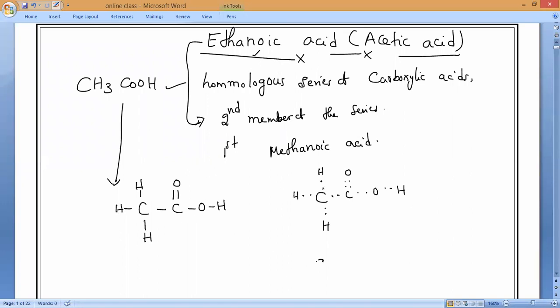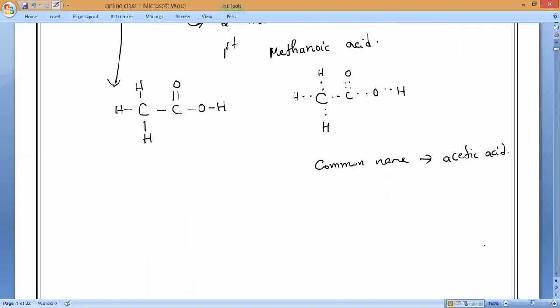Ethanoic acid is the IUPAC name. And what is the common name of this one? Acetic acid. The common name is acetic acid. This is present in our kitchen in the form of a substance called vinegar, which contains acetic acid.